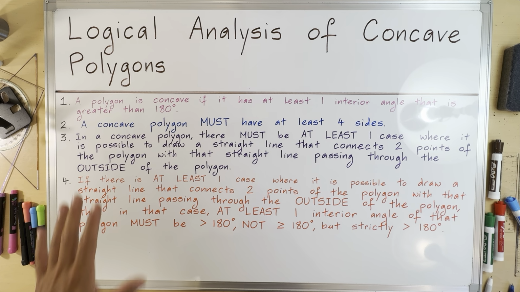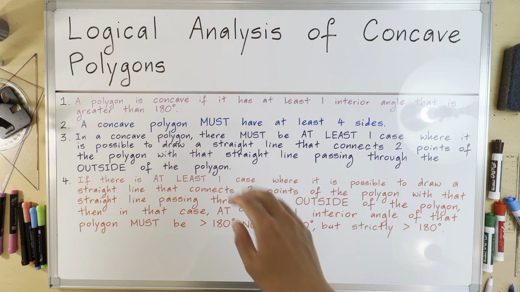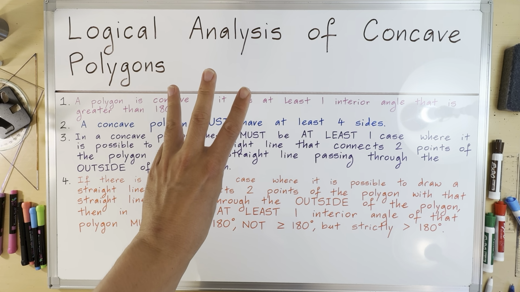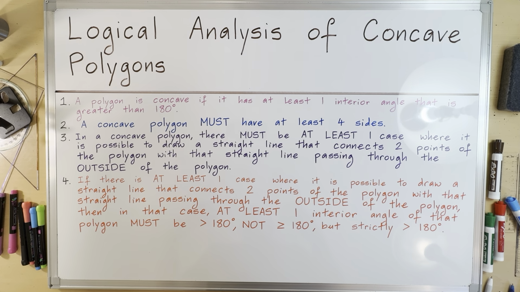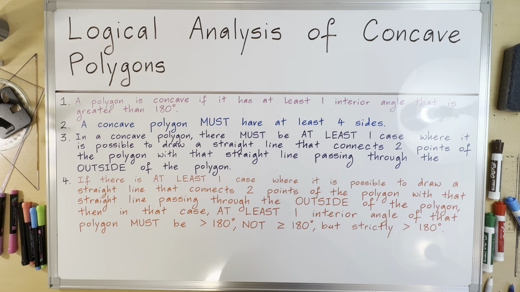Now, on this whiteboard, we have 4 statements, and let us read each and every single one of them together. And then I'm going to be drawing 3 separate polygons, all of which are concave, and we will analyze each one of them in detail.